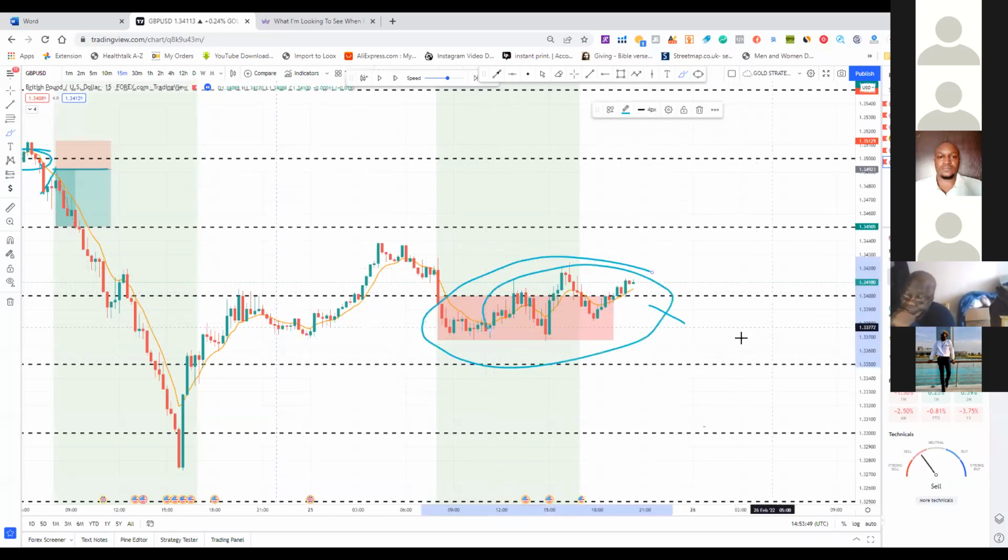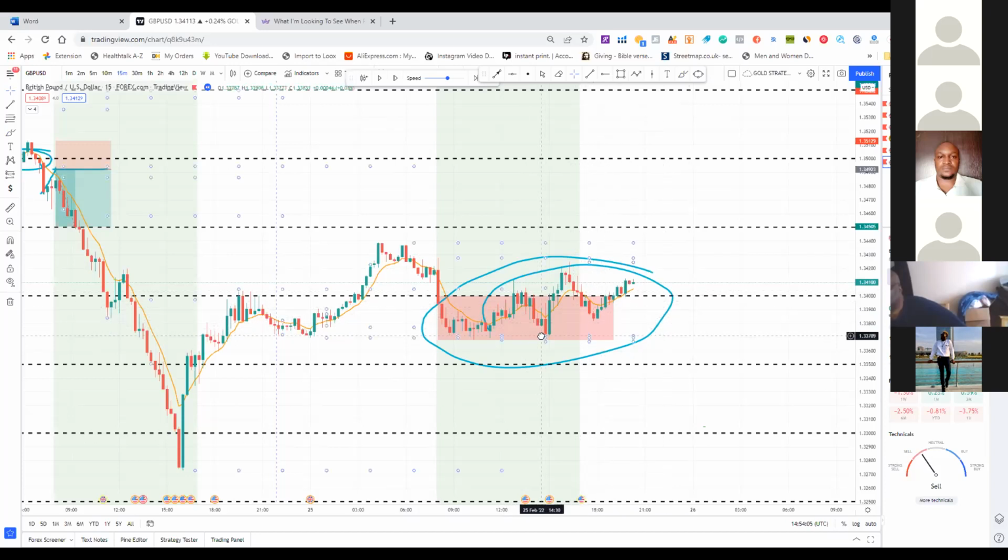No money here, except for those of you that went to the 5 minute or 1 minute time frame. Yeah, you can scale down if you want to do that, but that is even more risky for me. I'm not a scalper. Those who can scalp would have scalped this. They can scalp this one to the upside, and this one to the upside, and this one, even this one to the downside.